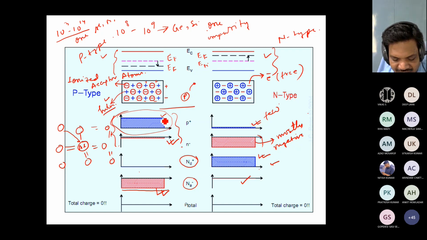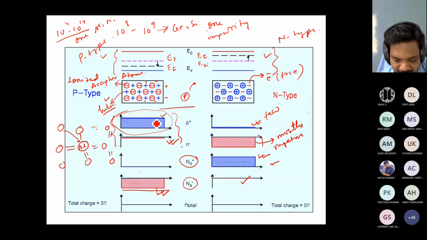Good. Actually, in the p side you are getting the holes due to the doping of acceptor-type atoms, that is, atoms from periodic table group 3. And also you get electron-hole pair generation due to thermal generation.